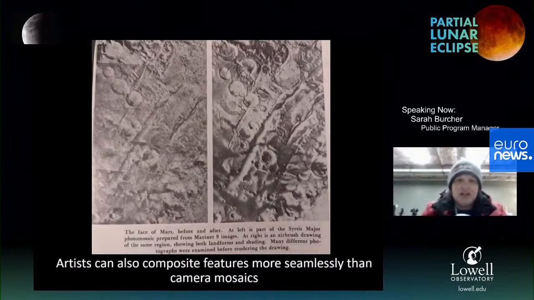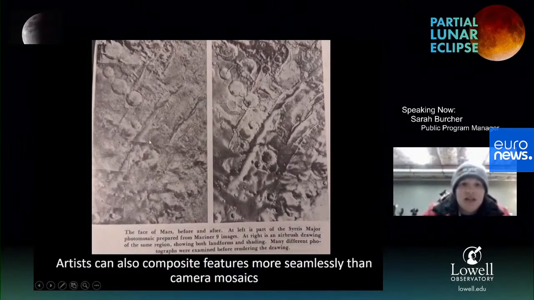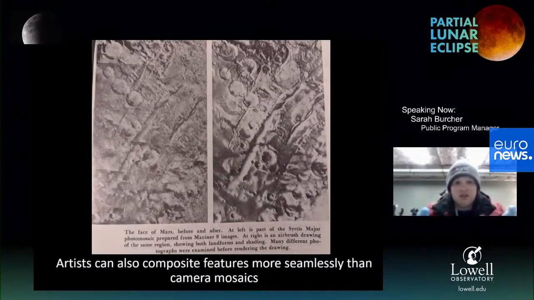So this is actually Mars, because I liked this picture a lot. And you can see the image on the left here is from Mariner 9. These are direct pictures from a probe that went to Mars. And they're not as good as the artist's rendition. This person used images taken from this orbiter and at other times as well to make this image that shows, I really like this canyon thing in the middle here.